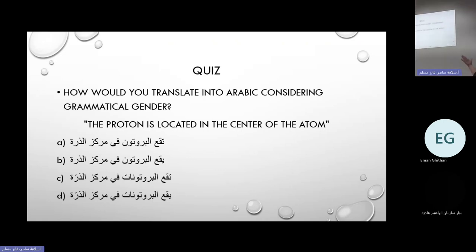Okay, هل هي تقع البروتونات في مركز الذرة؟ أو يقع البروتون في مركز الذرة، أو تقع البروتونات في مركز الذرة، أو يقع البروتونات في مركز الذرة.